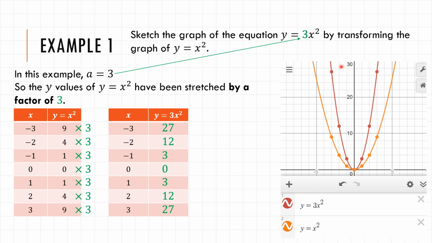And there we go. I have sketched the equation of this graph by transforming this graph. So I've just taken the coordinates here and I've multiplied their y values by 3. And so now they are much further from the x-axis.